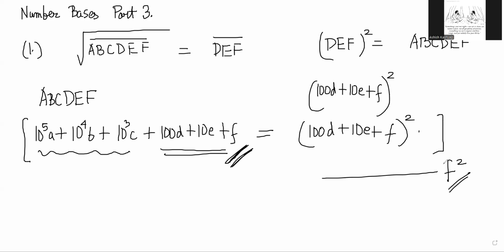So they're different digits. What can you say about the original two numbers, this number and this number? Think of modulo something.